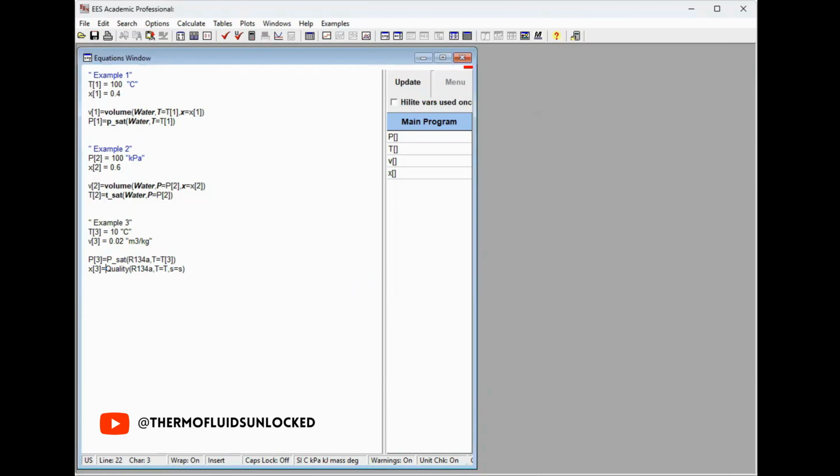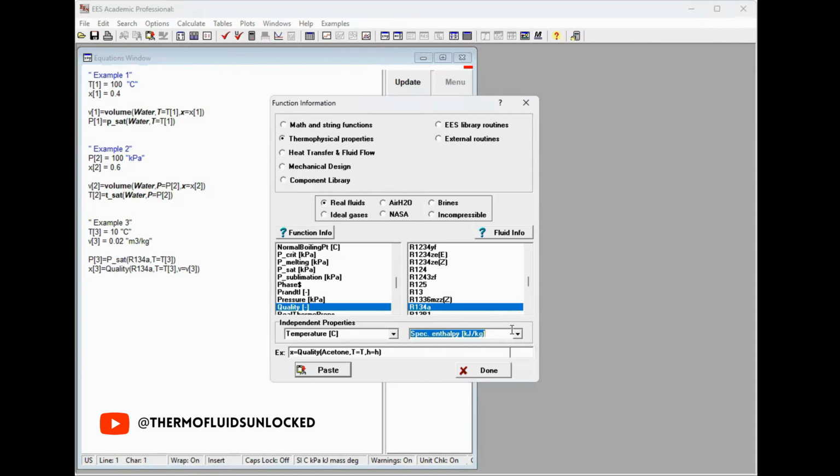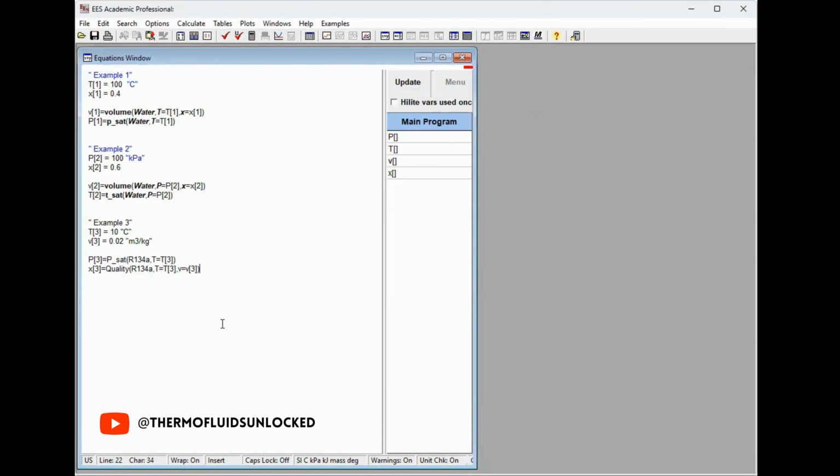Again, the right names, providing the inputs, and this should be V. I don't know why I chose entropy, but it should be specific volume. So here, basically, I had to choose specific volume. But you could also guess the name, which is lowercase v, and you could just type it.